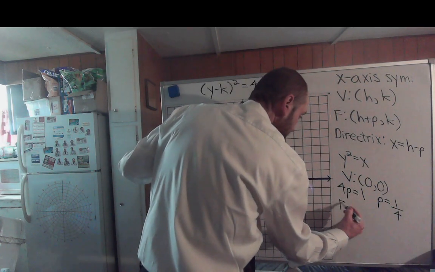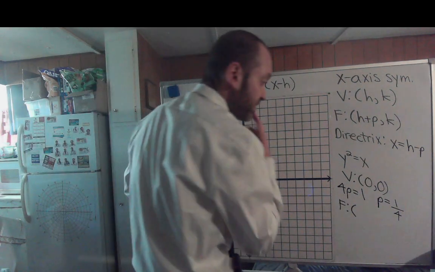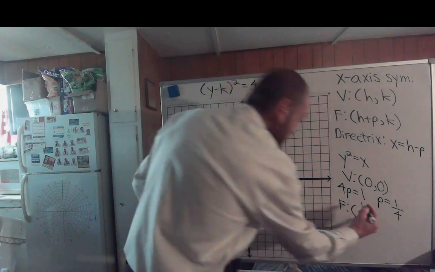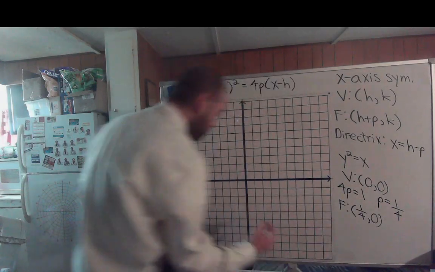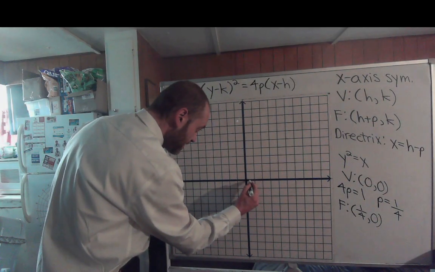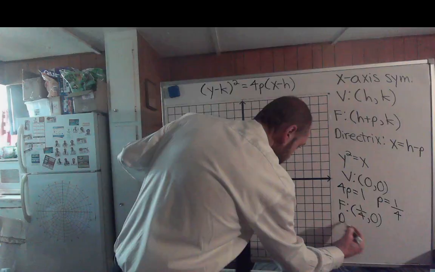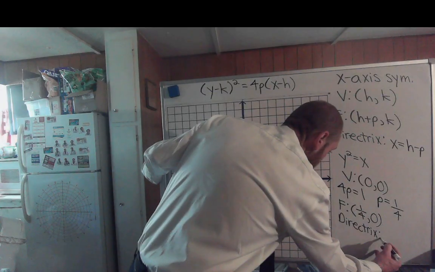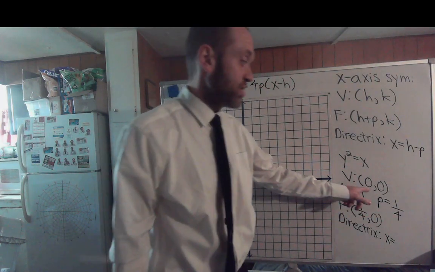So now to find my focus, remember, since this is x-axis symmetry, I'm going to affect my x-coordinate of the vertex. I'll add p to the 0. That would give me a focus at 1/4, 0. So 1/4, 0 is right about there. And then to find my directrix, again, it's x-axis symmetry. So it's going to be in the form of x equals, well, I'll take that p of 1/4 and subtract it from my x-coordinate of 0.